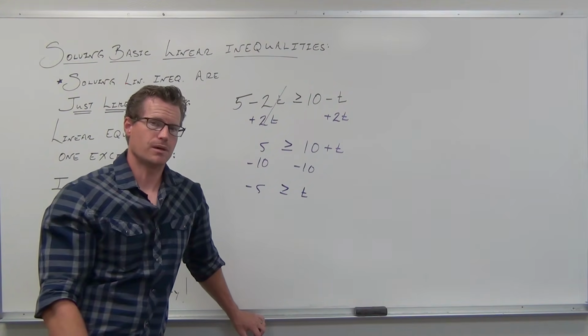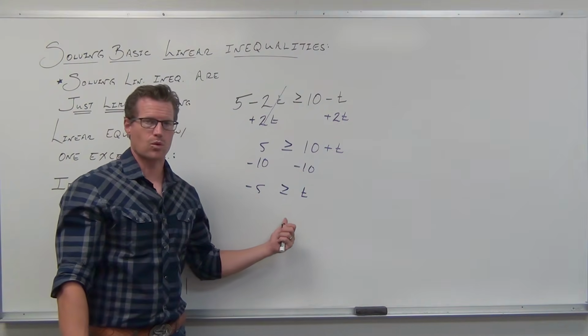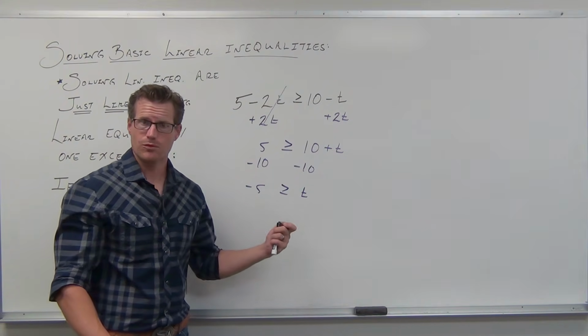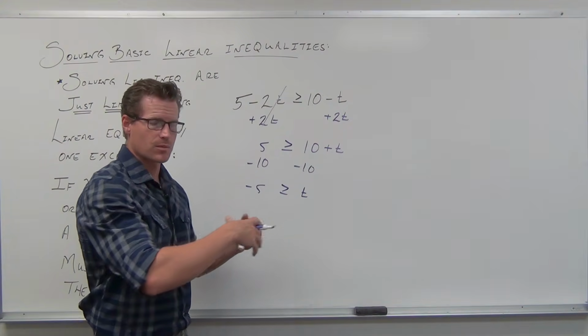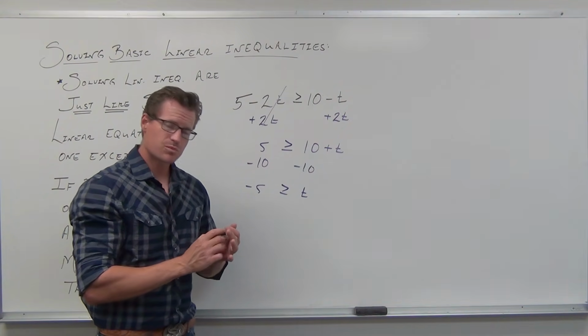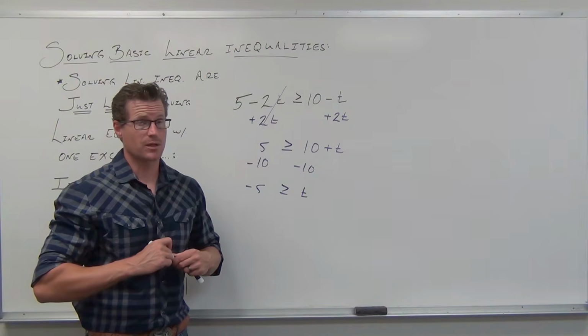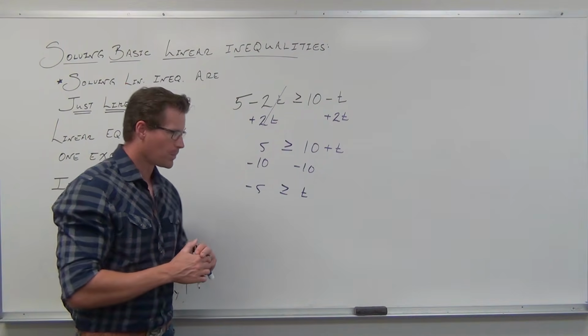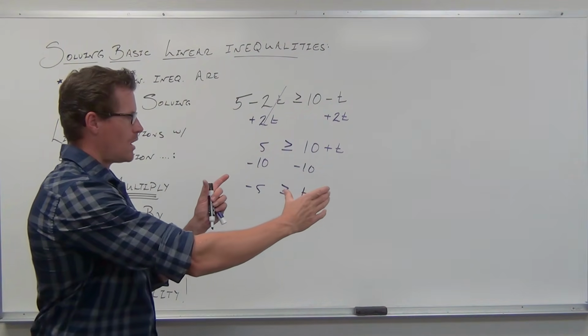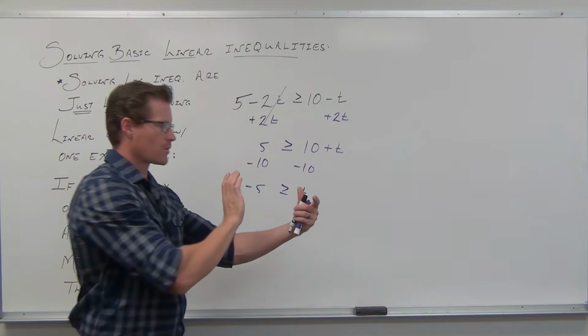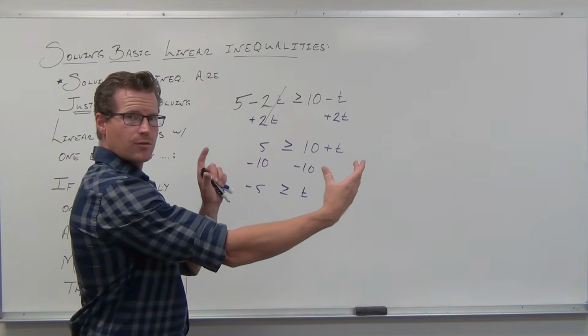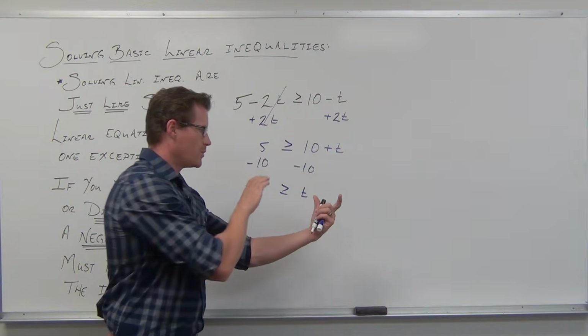Now, last little bit. This is completely the wrong order that I want for you. You can solve the problem this way. You can draw the number line and write the interval notation. I would just prefer that you always stick your variable on the left-hand side. So here's what we're going to do. We're going to take this entire inequality off the board, flip it, and put it back.